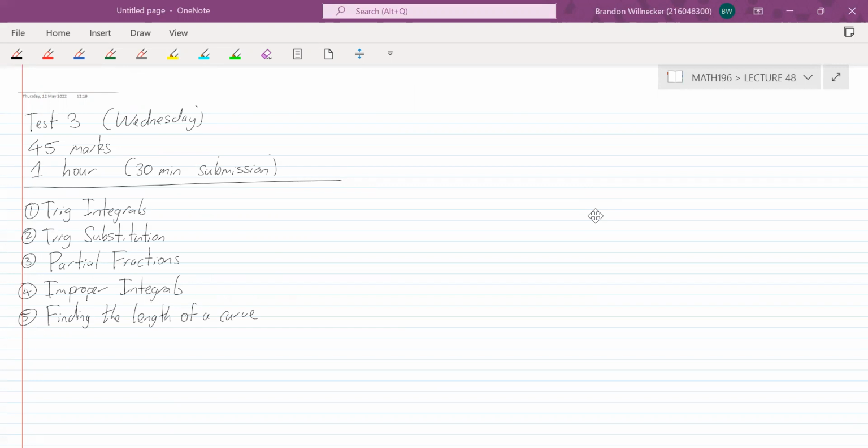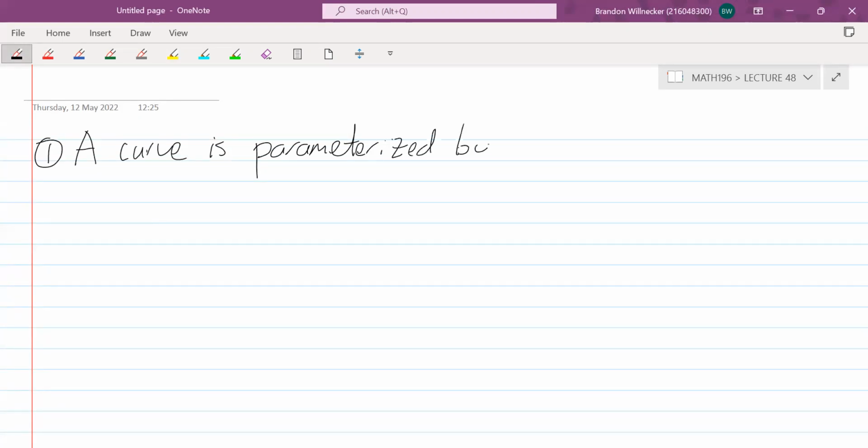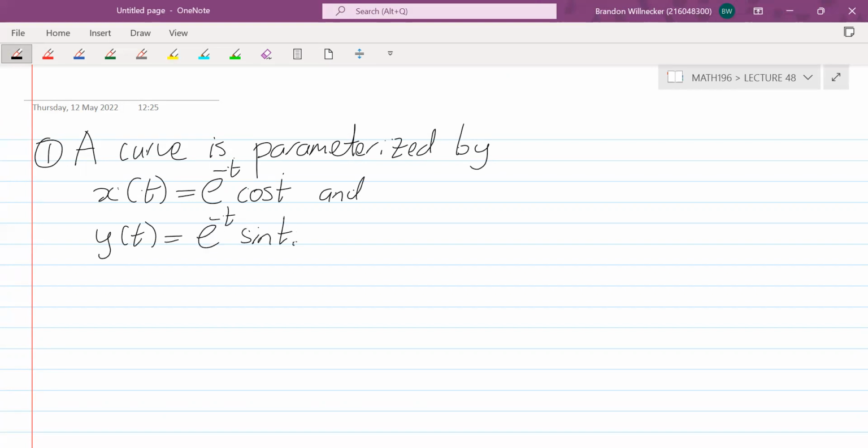Okay, let's go through today's problems. Number 1. A curve is parametrized by x of t is equal to e to the minus t cos t, and y of t is equal to e to the minus t sin t.